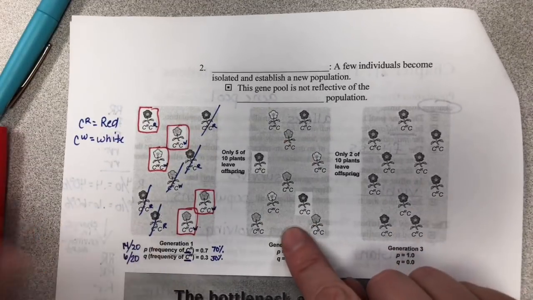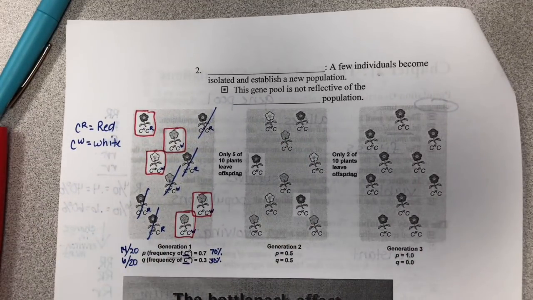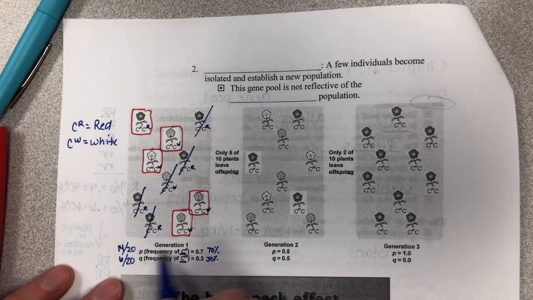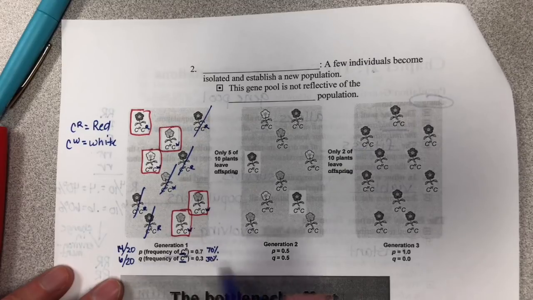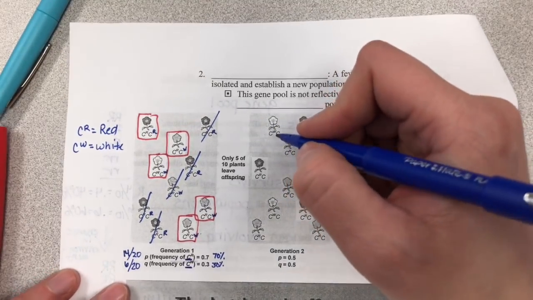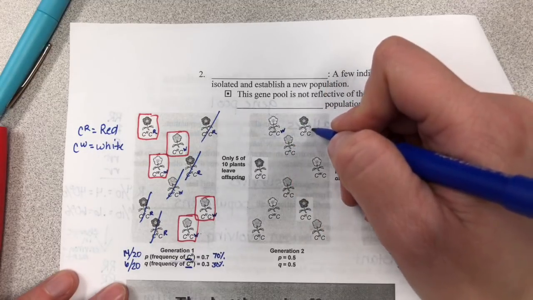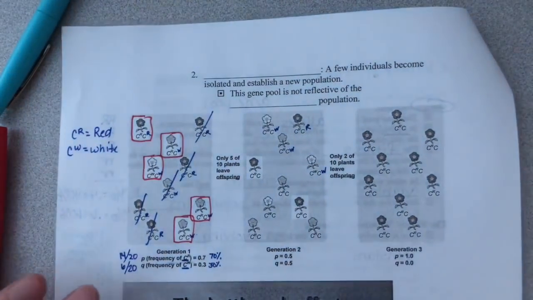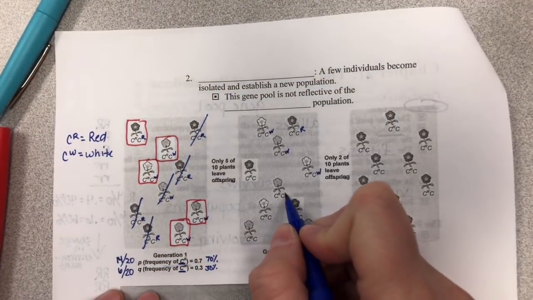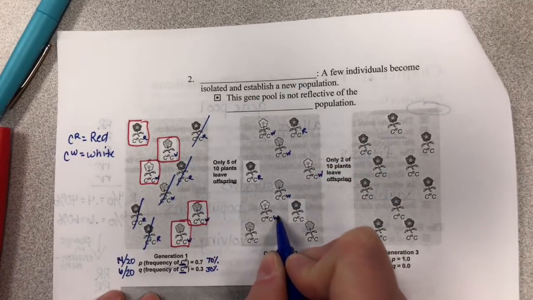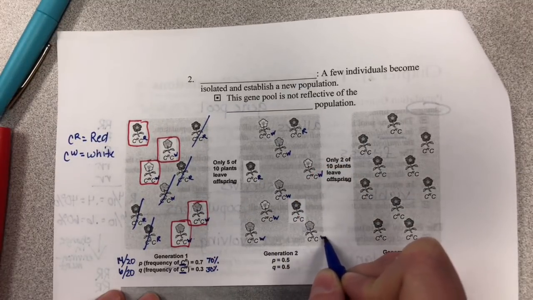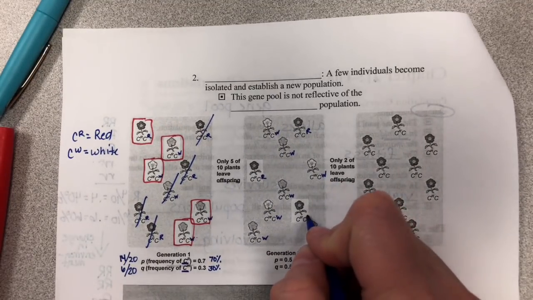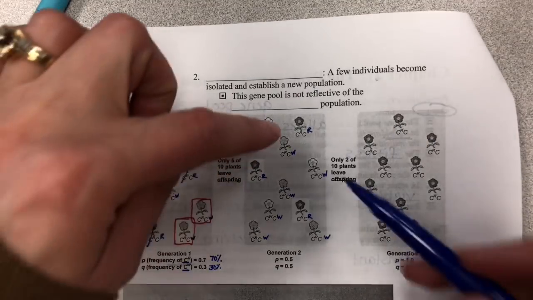And now if we do the same math here, our frequency of CR, which is P, and CW, which is Q, changes. So if we look over here, this is white, this is red, this is white. This one is white, red, white. This one's white. So these are all pink, these are red, and this is a red one, and we have a few whites.